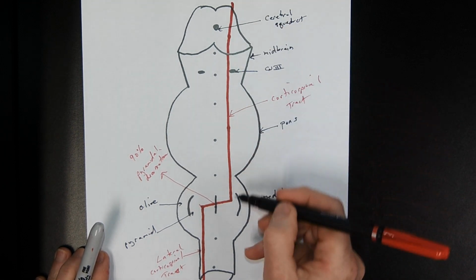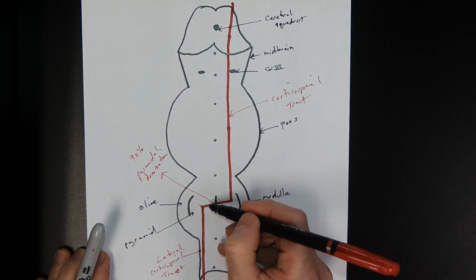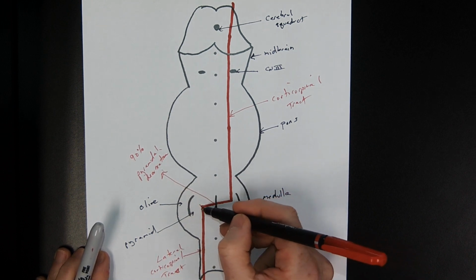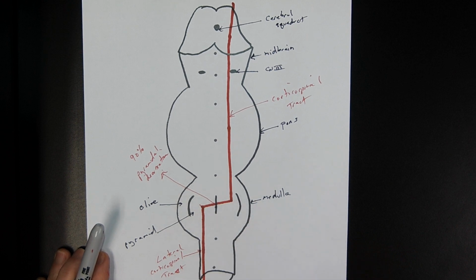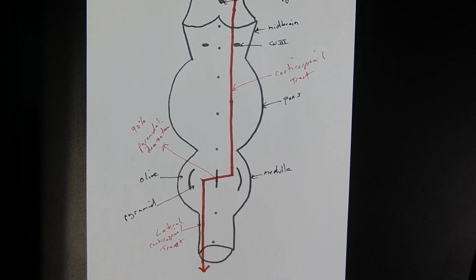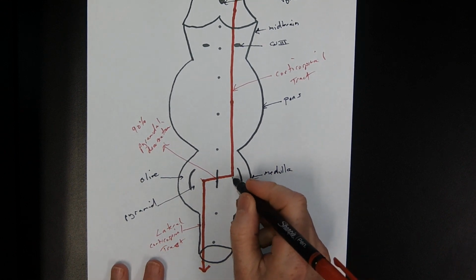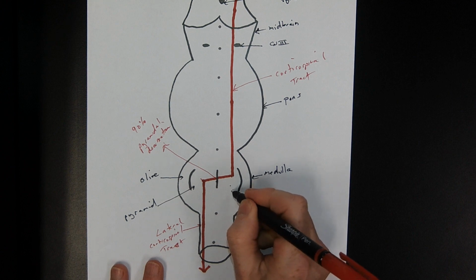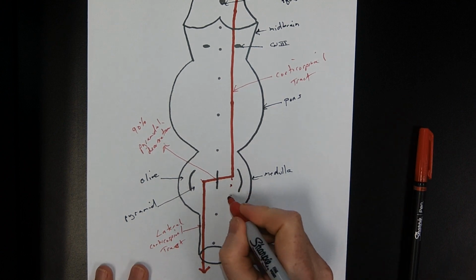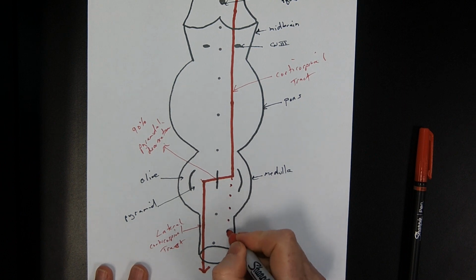Okay, so at the level of the medulla, you cross over. At the pyramidal decussation, approximately 90% of the axons cross over, and then traveling down the spinal cord becomes a lateral corticospinal tract. Okay, that extra 10% of axons that didn't cross over, did not decussate, they're just going to come down. Just keep staying ipsilaterally, coming down.